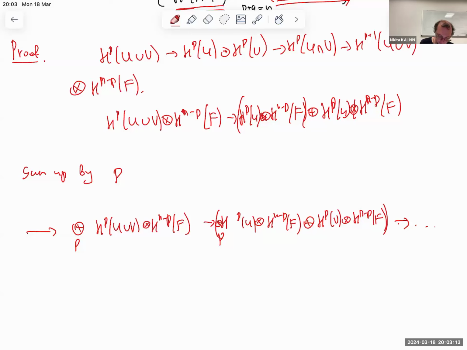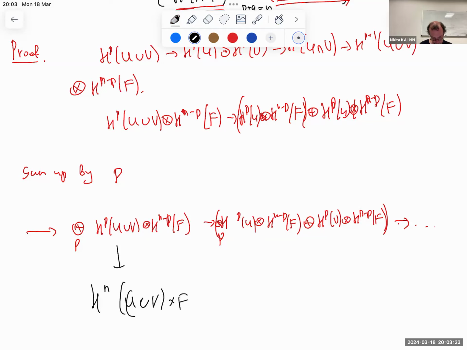So that's your one sequence, and another sequence. You want to prove that it is the same as here. That's Hn of U union V times F, Hn of U times F plus Hn of V times F, and here that's the intersection.